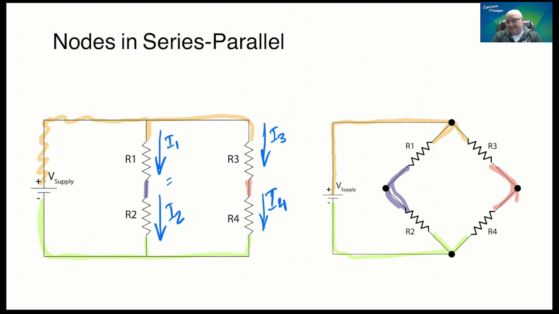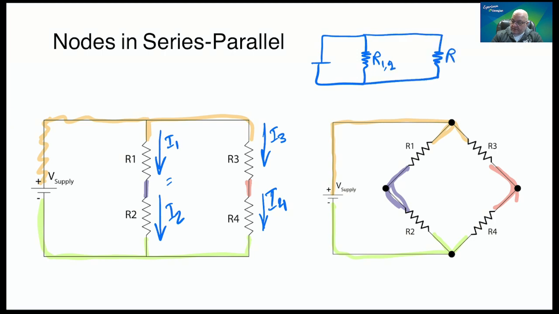What that leads to is a diagram like this. This would be the equivalent, so this would be R1 and 2, and this would be R3 and 4. When the resistors are in series, we simply add them together, as in addition, two numbers of the same type.